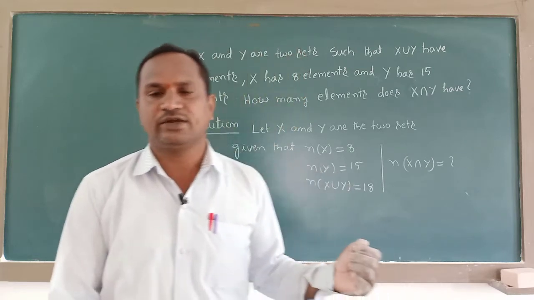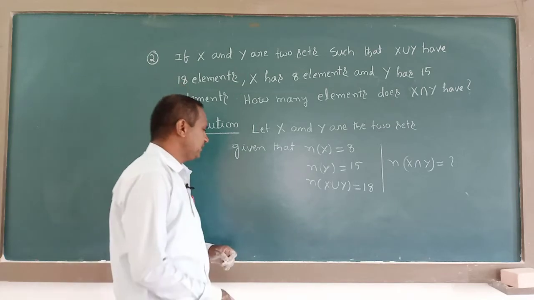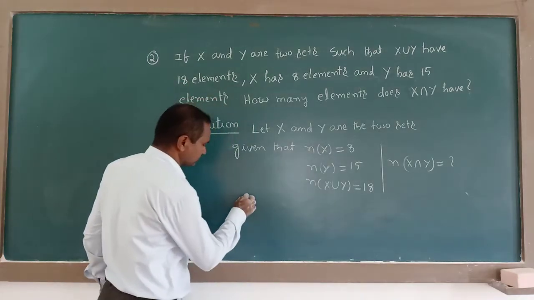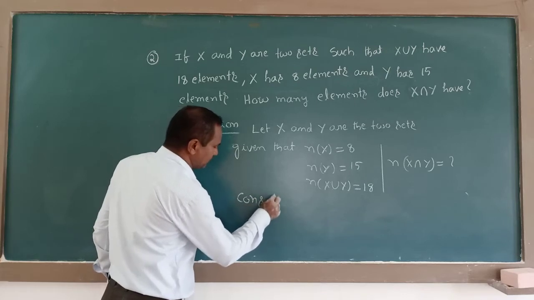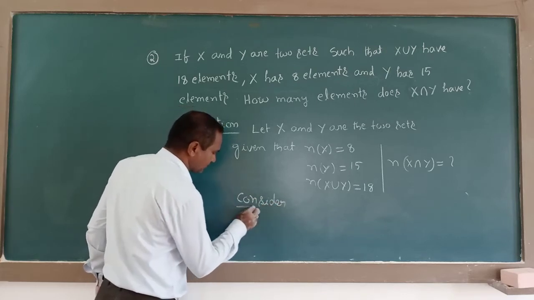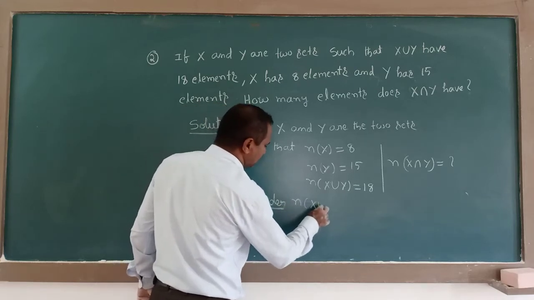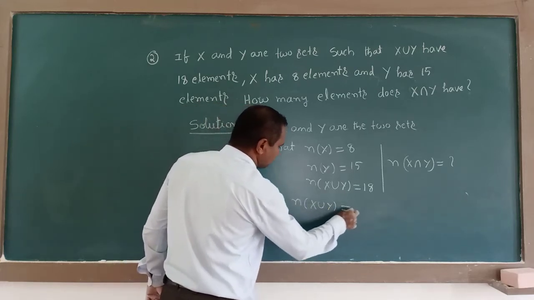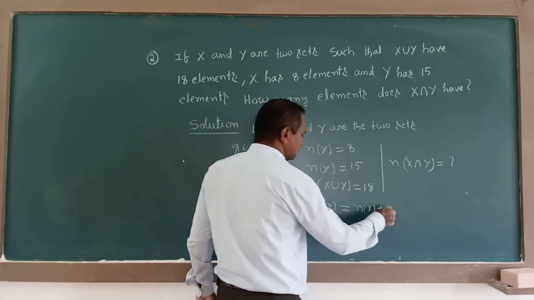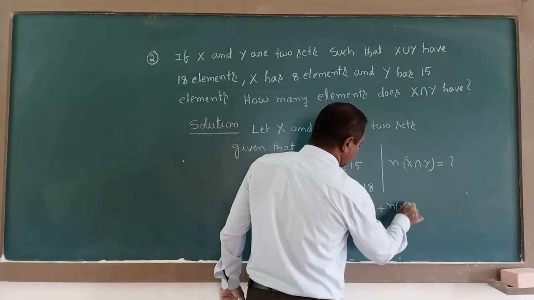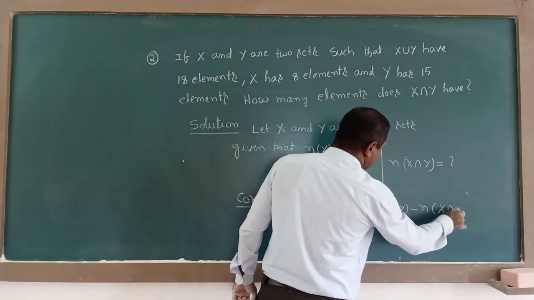Now we are going to consider the union formula, that is, considering x union y. n of x union y is equal to n of x plus n of y minus n of x intersection y here.